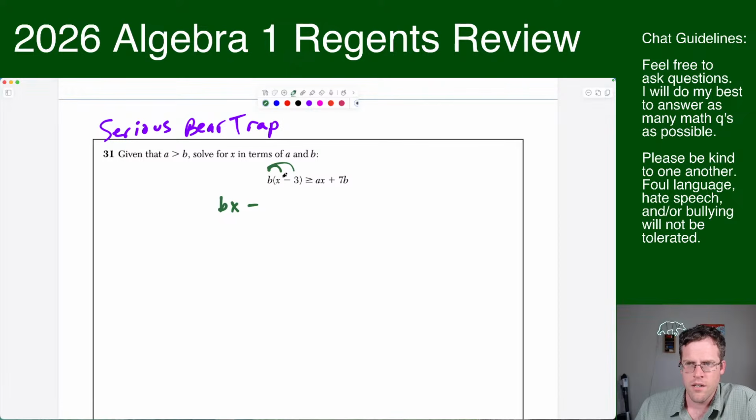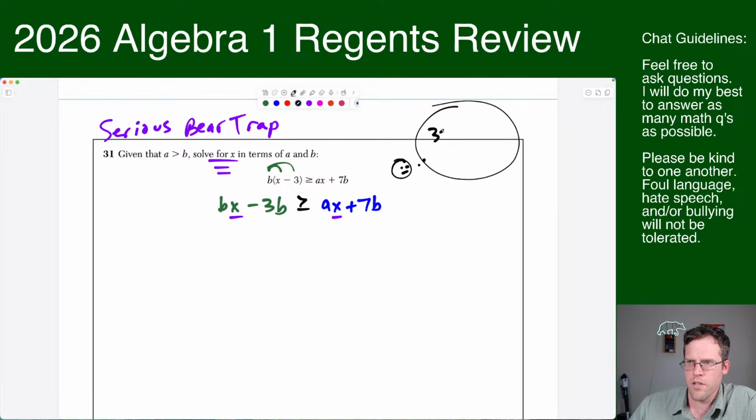So here I do b times x minus 3 times b. And we're solving for x. So I have to solve for x greater than or equal to, and then let's see, I have ax plus 7b. If you had, just imagine for a moment, 3x plus 1 equals 7x minus 4, you would move the x's to one side and the constants to the other.